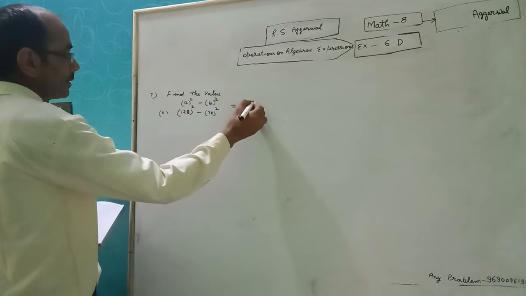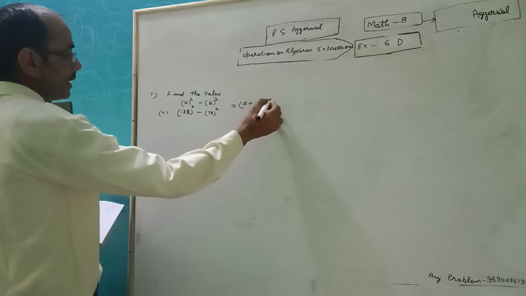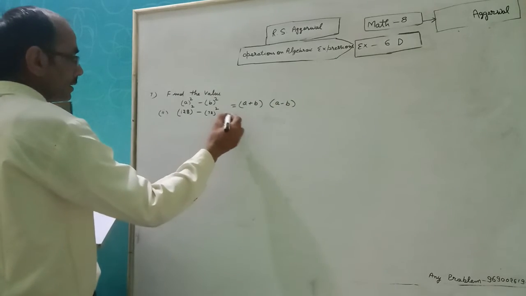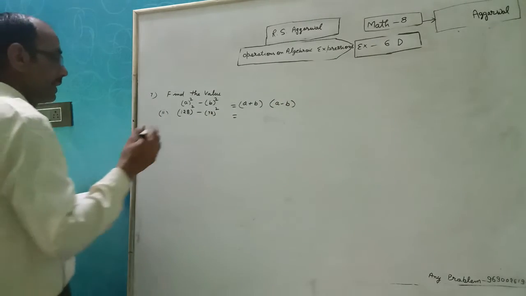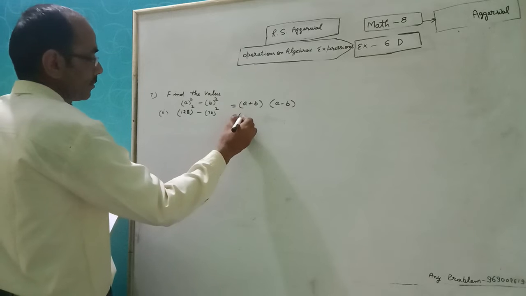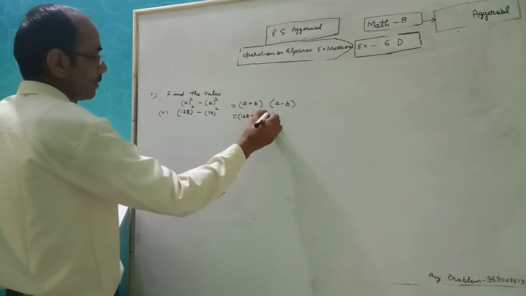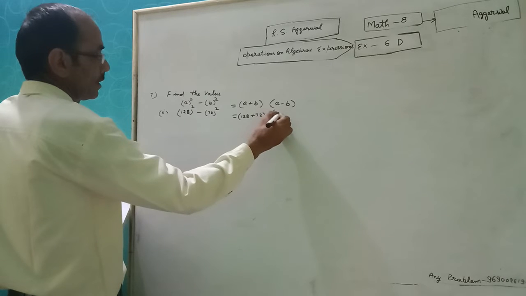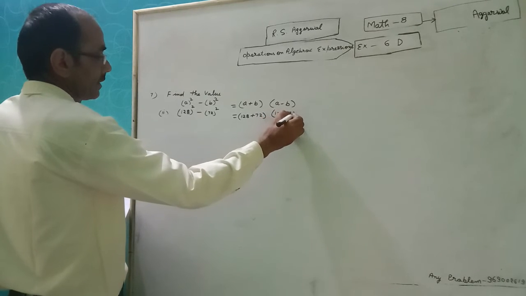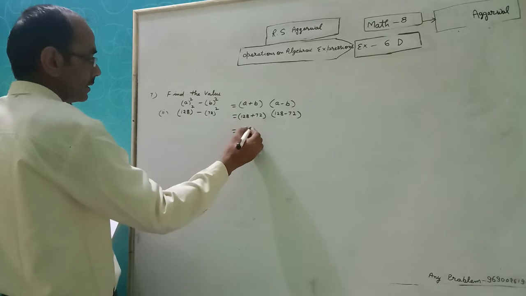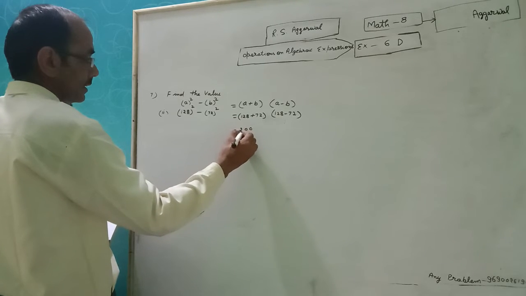Write the plus and minus. A will be 128. 128 plus 72, 128 minus 72. After plus is 200.